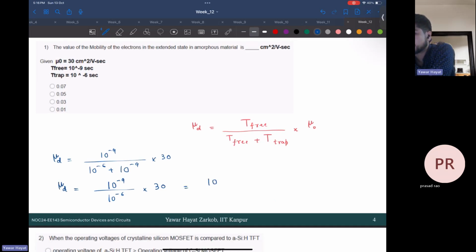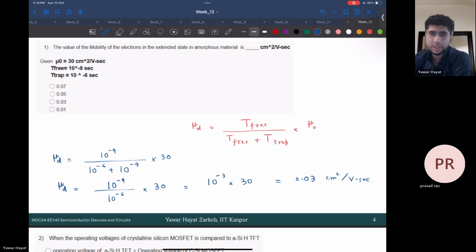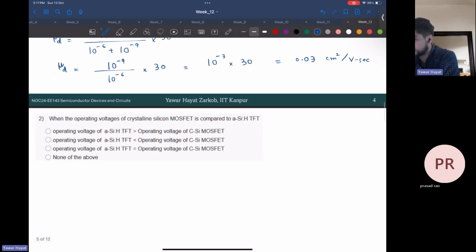This is 10 to the power minus 3 into 30, which is nothing but 0.03 centimeter square per volt second, correct? So that finishes this question. We'll move on to the next one.